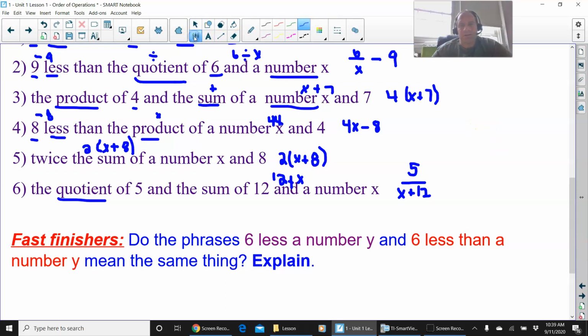So take a look at what this is asking. Do the phrases 6 less a number y and 6 less than a number y mean the same thing? And just explain it.